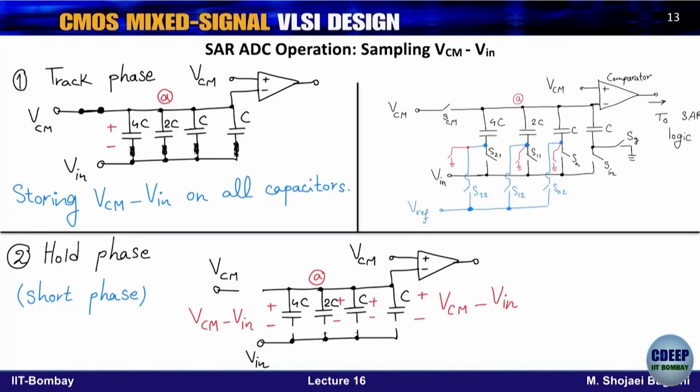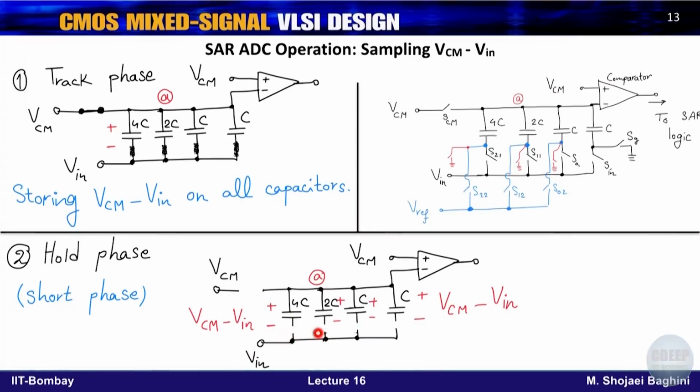Therefore, charge remains on these capacitors as it is. Right now I don't talk about charge sharing and clock feedthrough. Let's assume they are all taken care of by proper design of switches and proper sequence of turning on and off. That we will discuss later. Let's first learn about the operation.